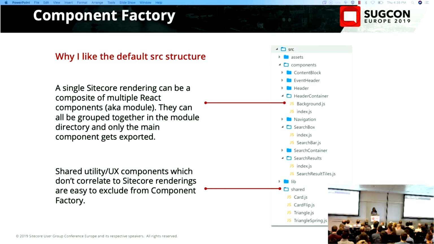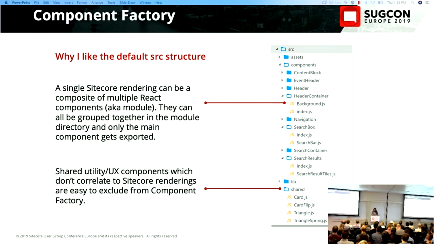One reason why I like how the default file structure works is that it only makes the mapping for the index.js file and its parent folder. What that lets you do is, if you need helper React classes to support your main component, you can organize them in the same folder.